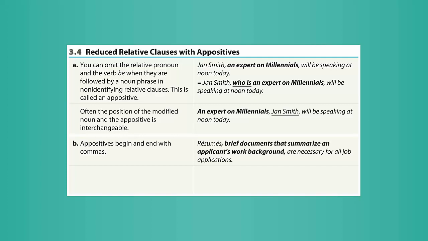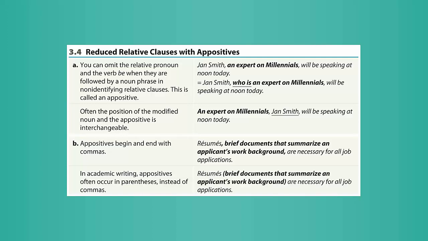For example, resumes, brief documents that summarize an applicant's work background, are necessary for all job applicants. But remember that in academic writing, appositives often occur in parentheses instead of commas. For example, resumes (brief documents that summarize an applicant's work background) are necessary for all job applicants.